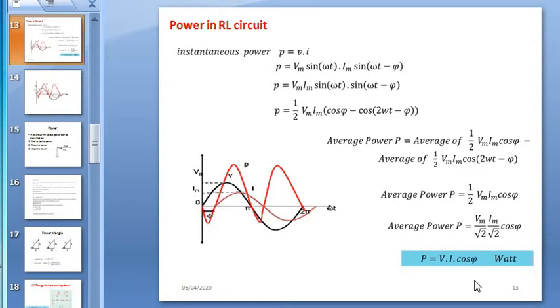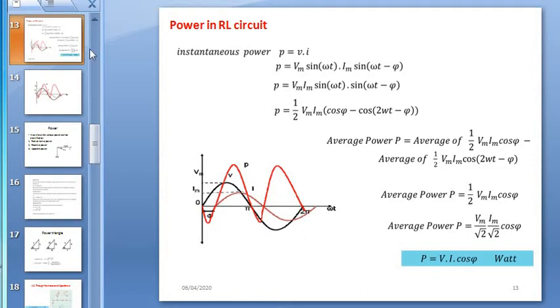Therefore, the power consumed by the inductor or the capacitor was equal to 0. But for RL circuit and RC circuit, the power is consumed by the circuit, which is given by P equal to VI cos phi. See, positive power and negative power are not similar to each other.